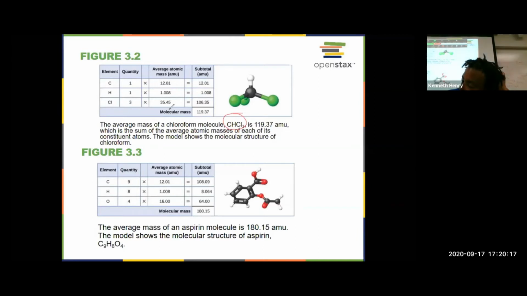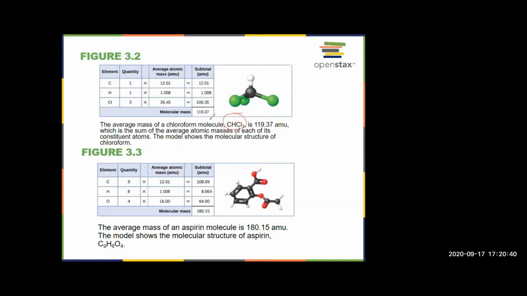Now, 35.45 is like a pretty decent number, so if we get 3 of them together, they basically add up to 106.35 roughly, right? So we want to make sure that we take that into consideration when we're doing that addition. So we just add them all up together, and then that's going to give us our molecular mass. Okay, piece of cake?